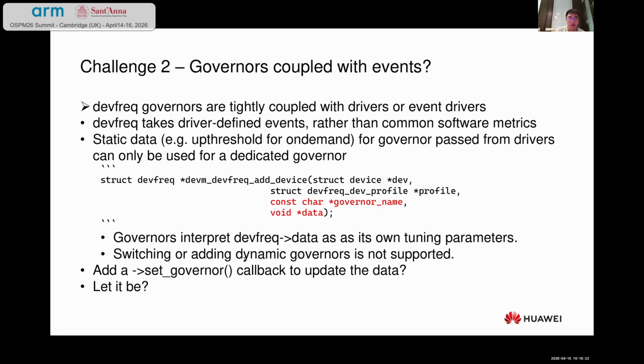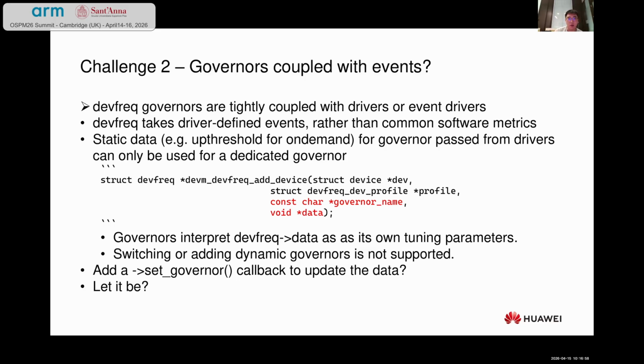For the time being, switching or adding a new dynamic scaling governor is not supported, because there are only two dynamic scaling governors, on demand and passive, and the framework forbids switching between them, so it only uses this data for its own governor. Extending this data for different governors is not supported at the moment.